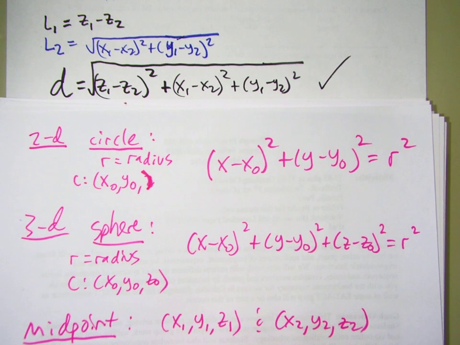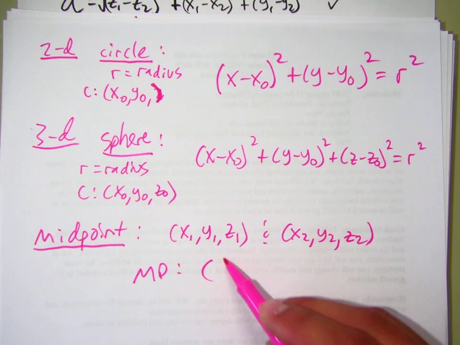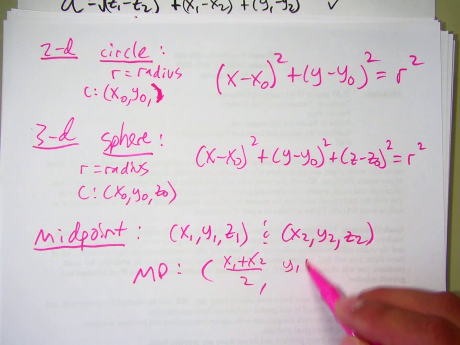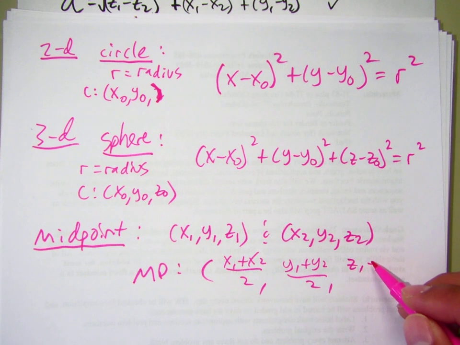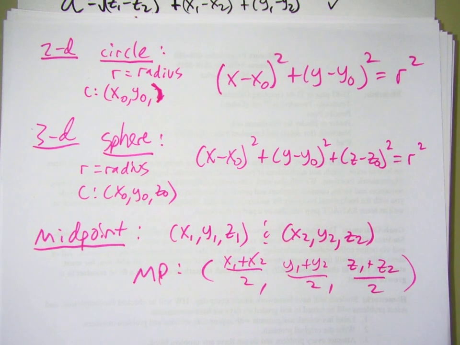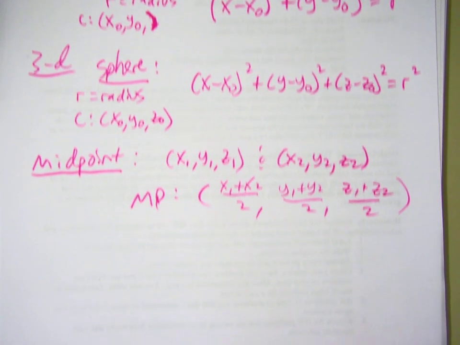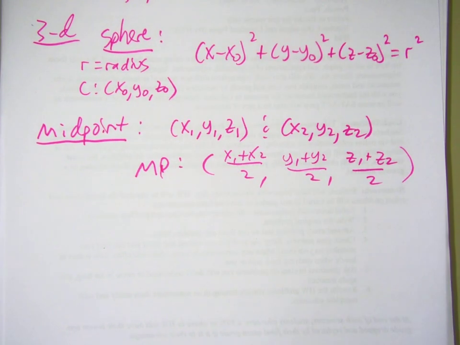What would the midpoint be? Yep, so you do x1 plus x2 over 2, and so on. So far, you're seeing things that you've seen before, but just extended to 3 dimensions. Okay. Any questions so far?